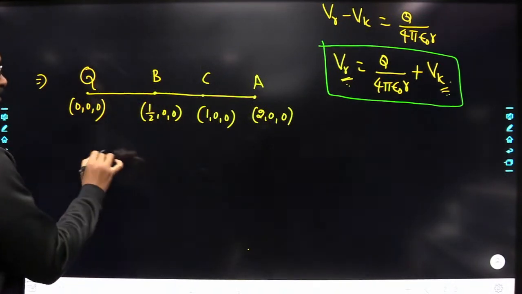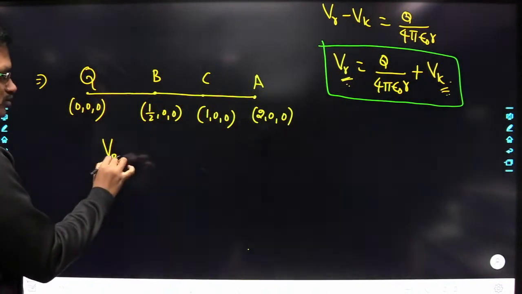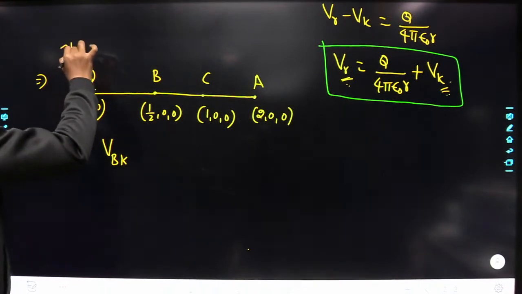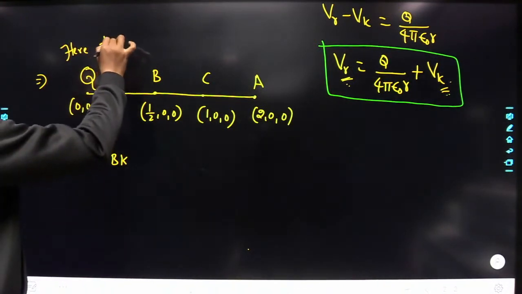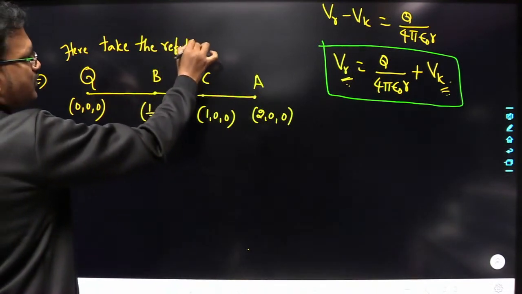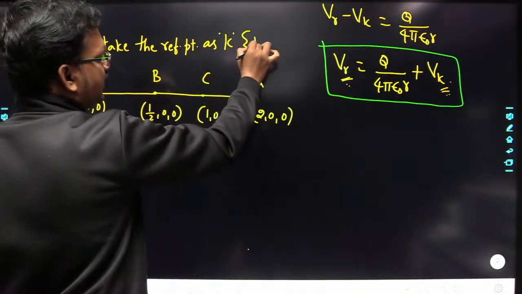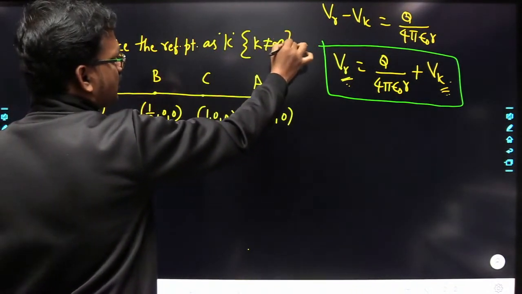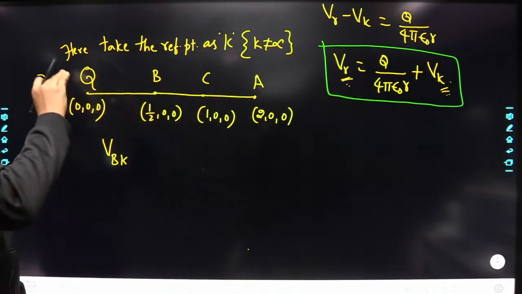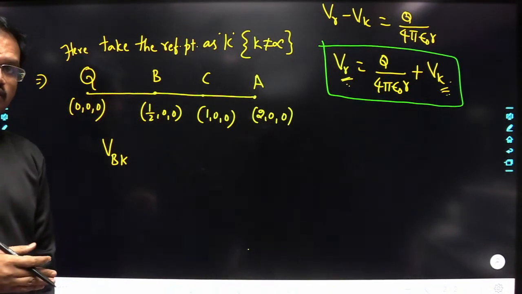Now I am saying that the potential VB with respect to some reference point K. Take the reference point as K, where K is not equal to infinity. So they have specifically mentioned to take the reference point as K, where K is not equal to infinity.